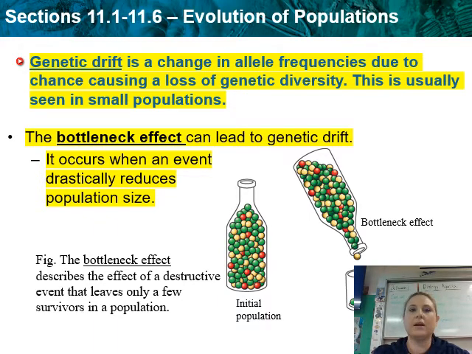Something can happen drastically reducing the population size, causing the bottleneck effect. A destructive event only leaves a few survivors. Those few survivors only carry specific genes, and only those genes can be passed on.